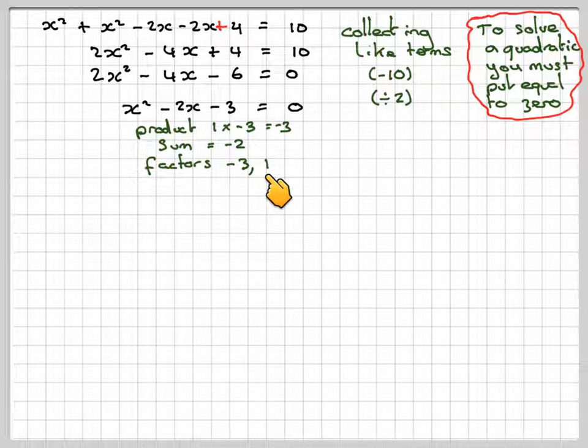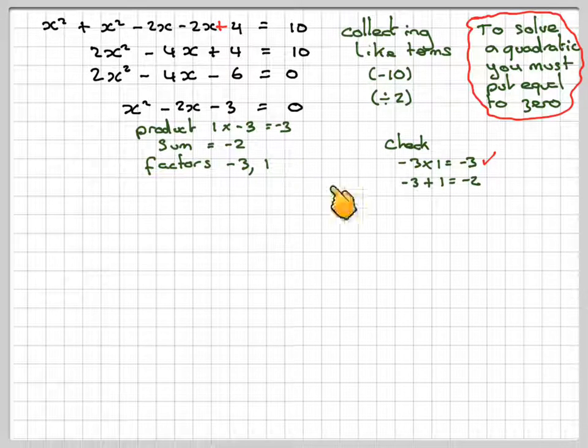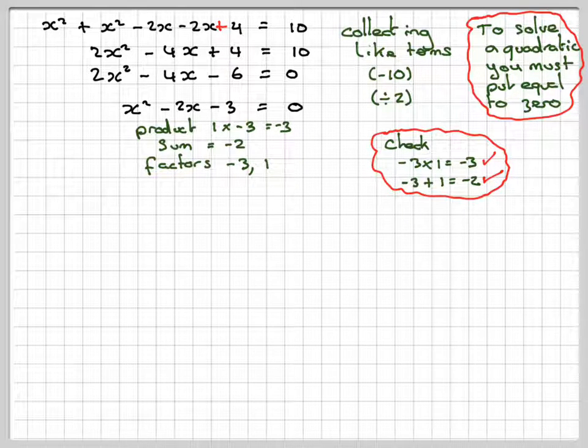Okay, we're going to go for minus 3 and 1, and why? Because if we do minus 3 plus 1 we get minus 2, but we can do a little check over here. For the product, minus 3 times 1 is minus 3. For the sum, minus 3 plus 1 gives me minus 2. That gives me the same as the product, and that gives me the same as the sum.